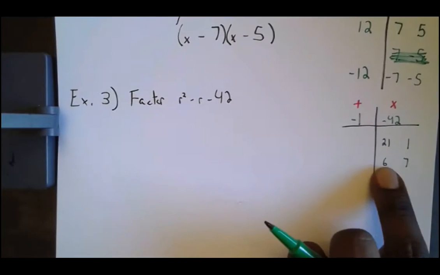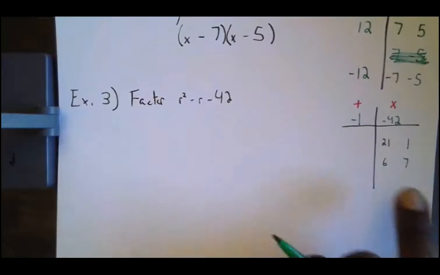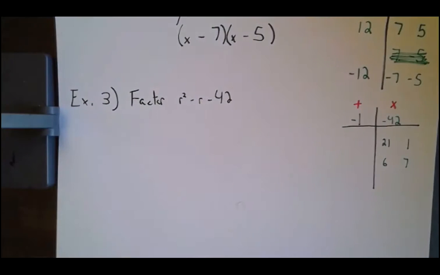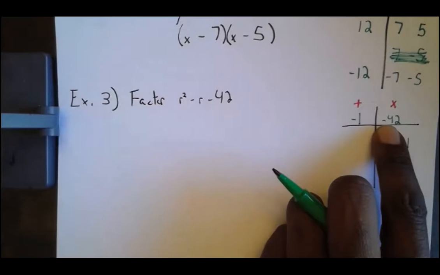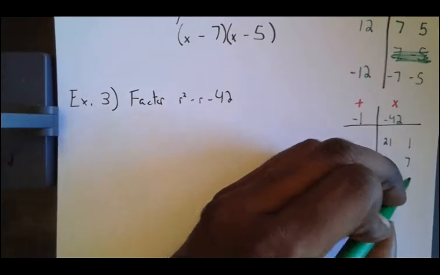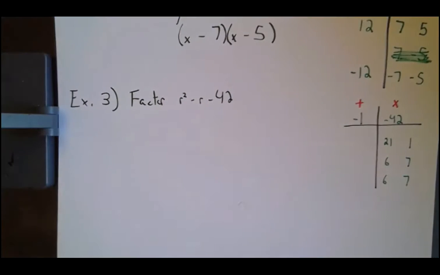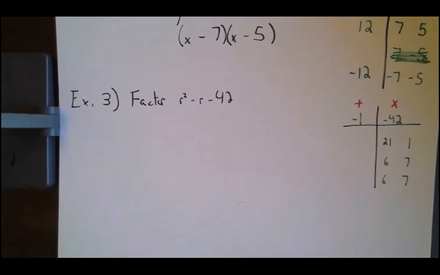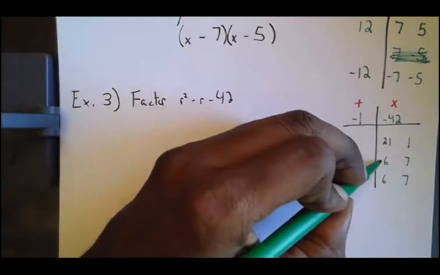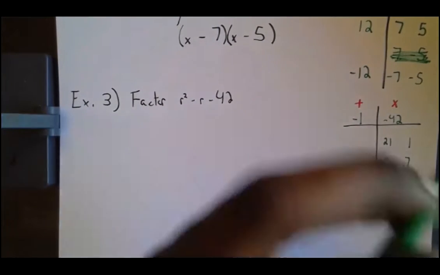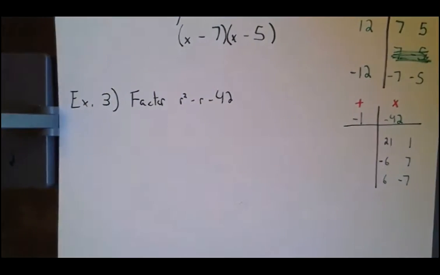But if we make both of these negative, it's a positive 42. So one of these numbers has to be negative. So what I recommend that everybody do when you see a negative number here is to write 6 and 7 2 times, and make the first time the 6 negative, and the next time make the 7 negative.